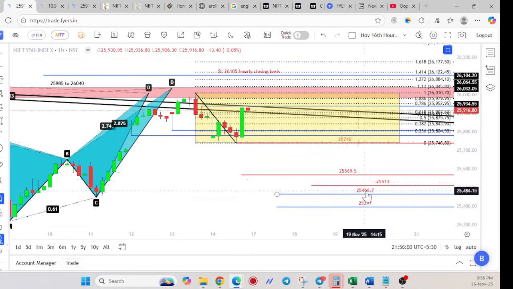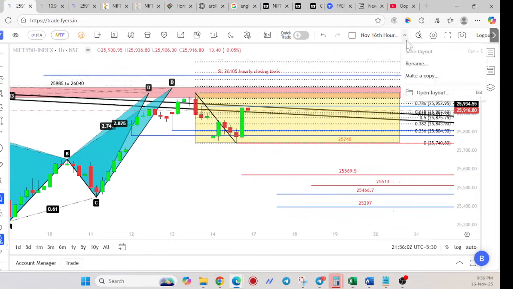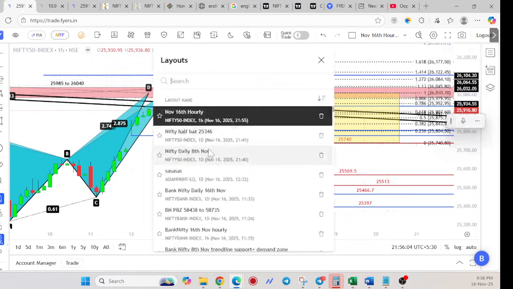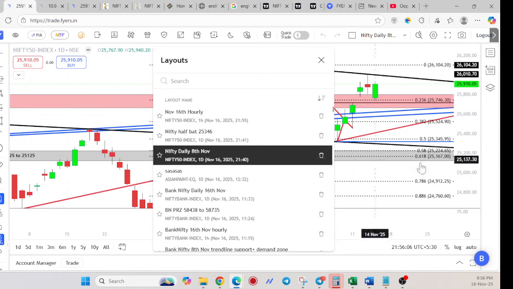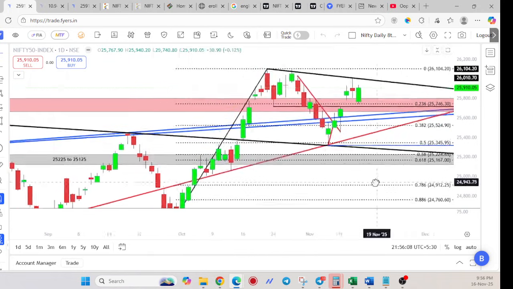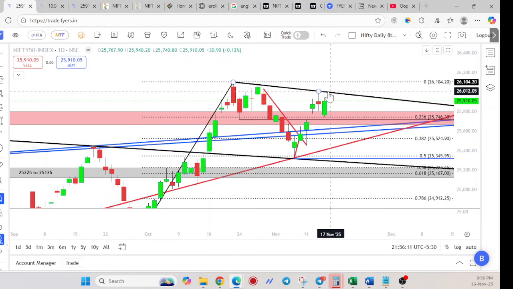Now, what is the relevance to the previous chart I showed you, a daily chart? We'll go back to that. Now look at this. So only two things. It touches this 26,000 level. Call writing is heavy, right? There's heavy call writing at 26,000 levels. So we have to watch this. And the blue color line support is at 25,620, 25,582, right?